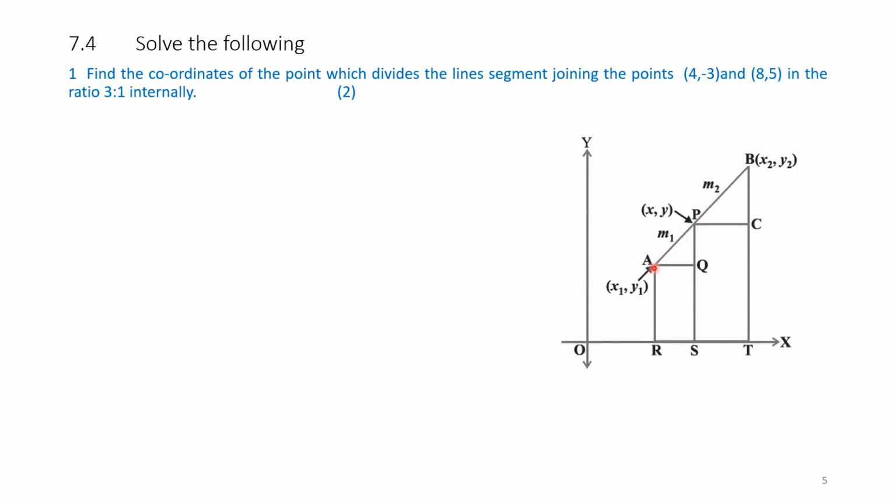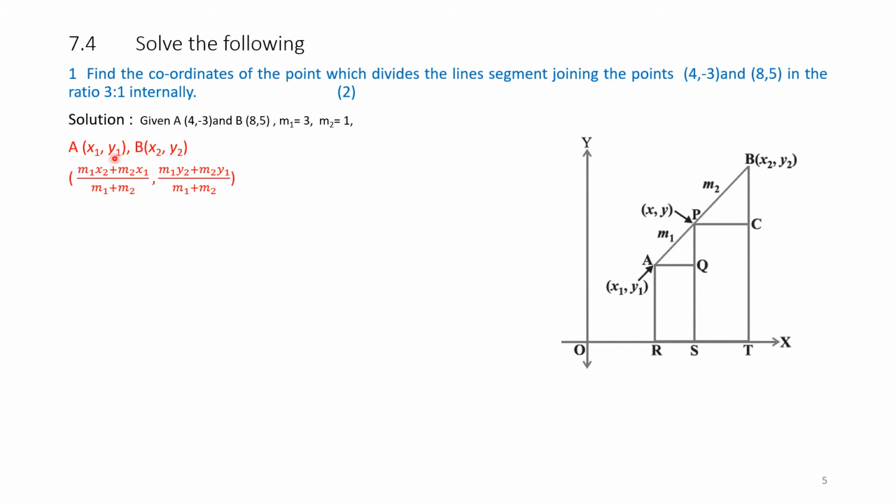Here A is (4, minus 3) and B is (8, 5), and the ratio m1 is 3 and m2 is 1. Given A is equal to (4, minus 3), B is equal to (8, 5), m1 is equal to 3, m2 is equal to 1.